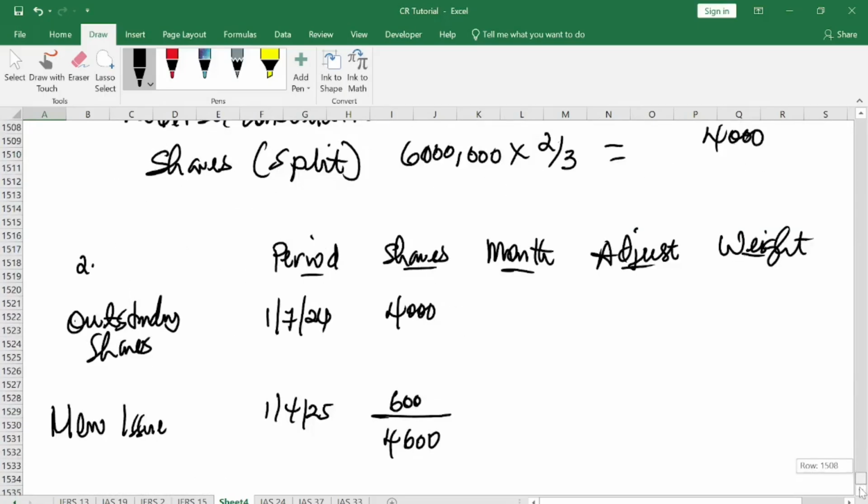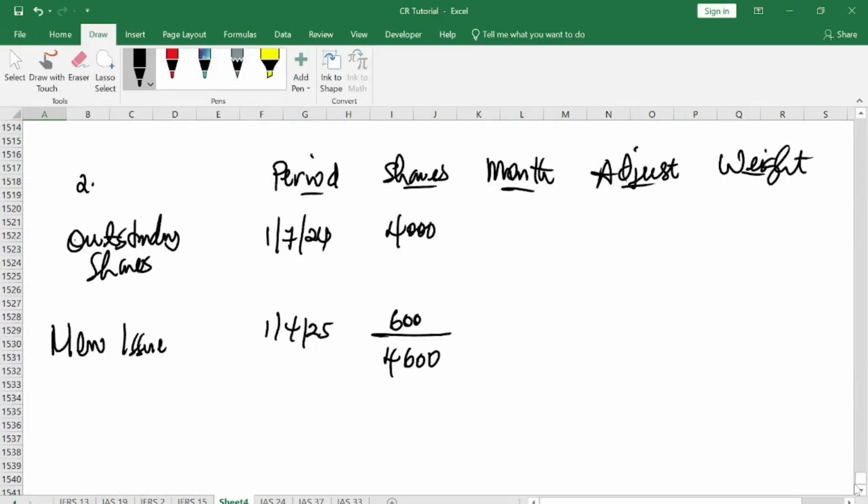Now after that, you apportion the date or the month. From 1st July 2024 to 1st April, how many months? It is 9 months, 9 over 12.